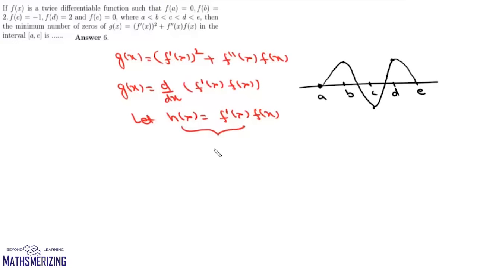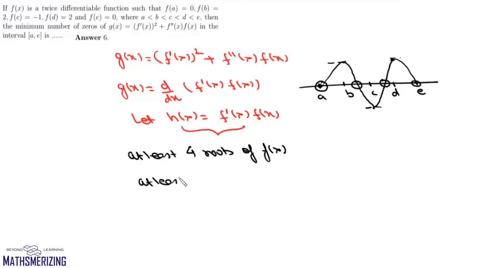So there will be 1, 2, 3 and 4. Between a and b, there will be at least 4 roots of fx. And in between any two roots, using Rolle's theorem, there will be at least one root of f dash x. So it will have at least 3 roots of f dash x.